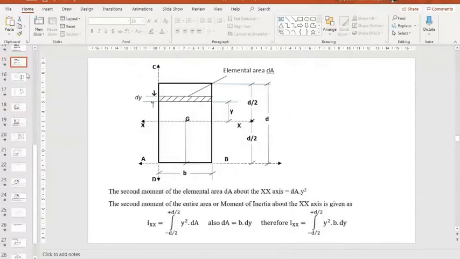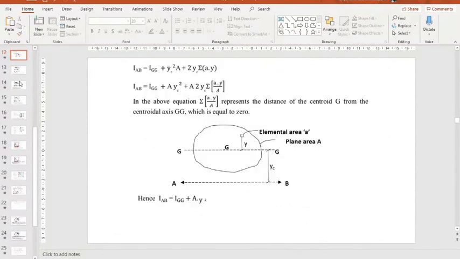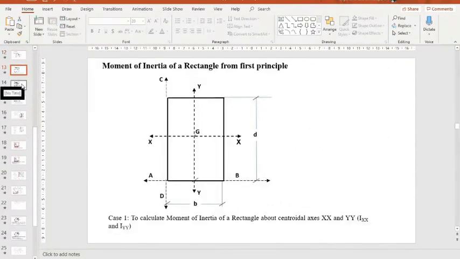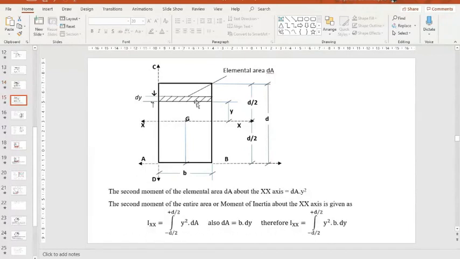Yes, sir. So what you will be doing here, if you know how to derive the centroid, then derivation of moment of inertia is not a big deal. It's the same way: you will have the equation dA into y square, you will consider an elemental area and the perpendicular distance as y, substitute the value of y and apply the limits from minus d by 2 to plus d by 2.